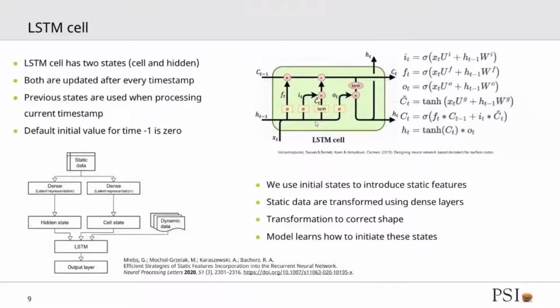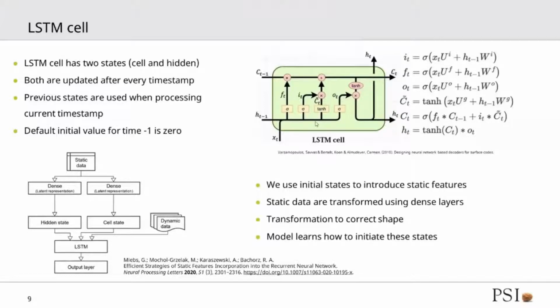The most important thing is that there are two states inside an LSTM cell, the cell state and hidden state, called this way, and they are processing every time a new timestamp is introduced to the input of the cell.